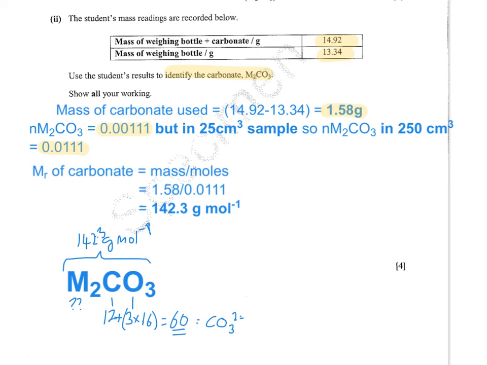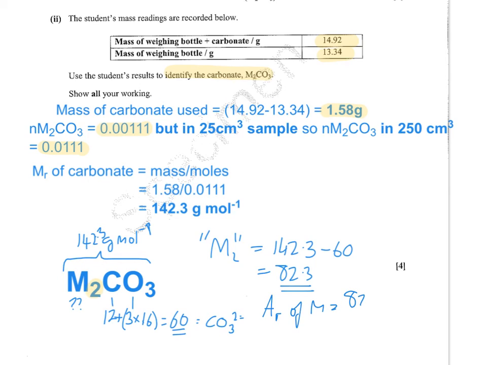So therefore, it's quite straightforward from here. The M2 part is going to be 142.3 minus 60 equals 82.3. And because there are two of the metals, M, the AR of the metal that you're after, whatever it happens to be, is going to be 82.3 over 2.